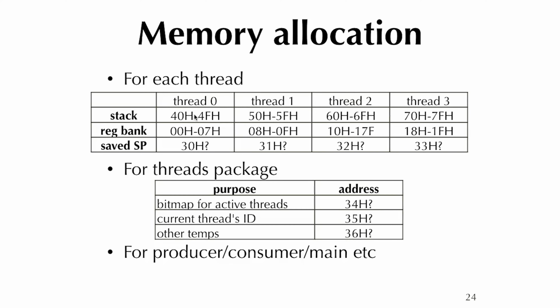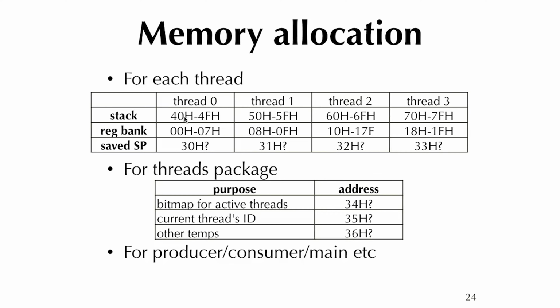But if you use 16 bytes for one thread, 4 threads is 64 bytes. That's half of your memory right there, right? So if you're going to use half of your memory, might as well align it, and use the second half of the memory. So 40, 50, 60, 70, right? I mean, hex 10 is 16.